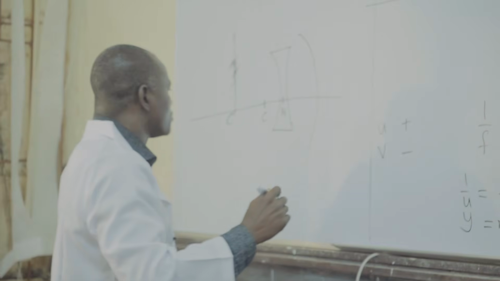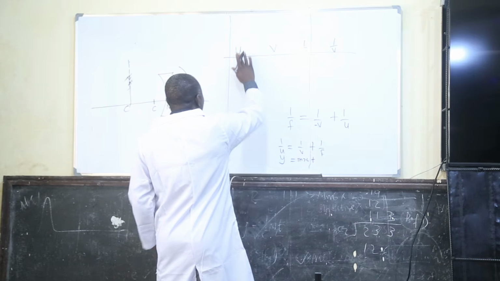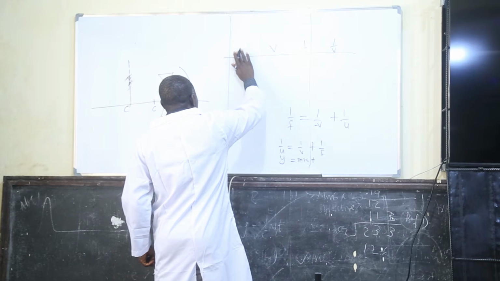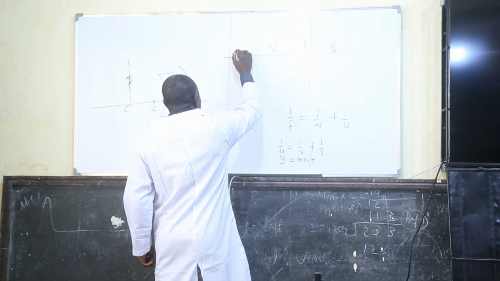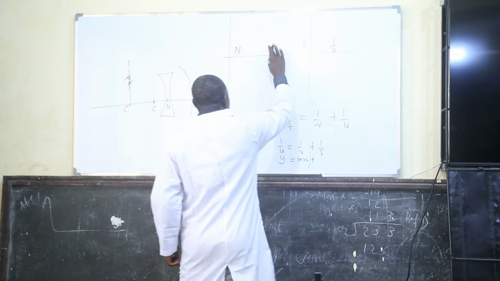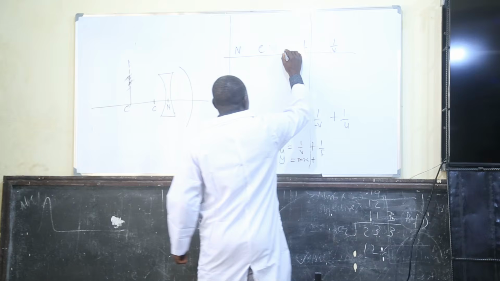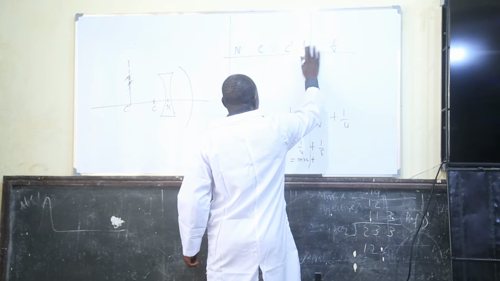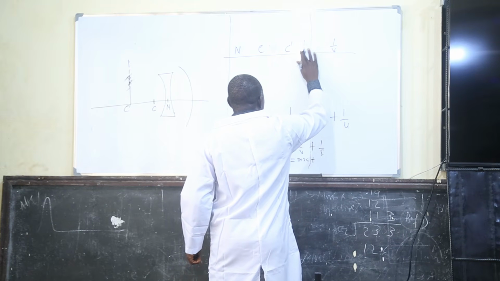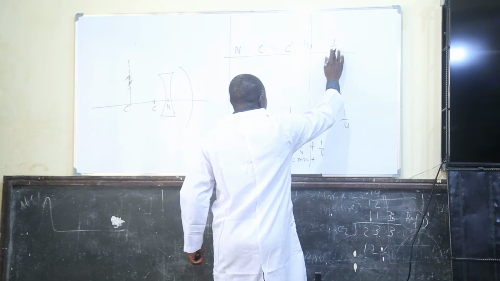I may have my table to look like this. I have N, I have C, and then I have C prime. And then from there, I can determine U. I will tell you how to do that.